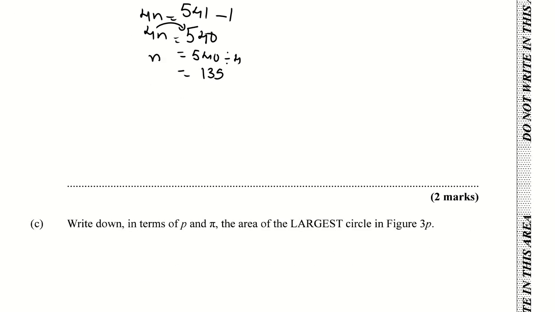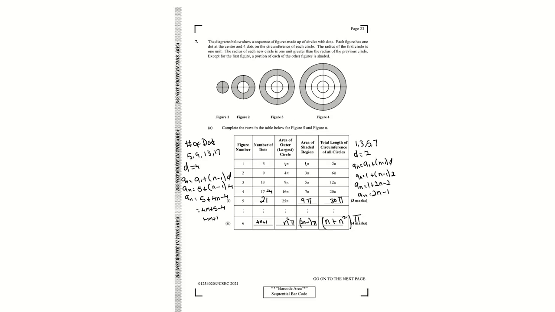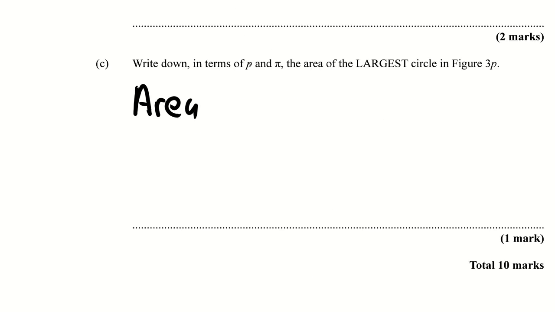And then we have: write down in terms of p and pi the area of the largest circle for figure 3p. So let's look for the area of the largest circle. The area of the largest circle is n squared pi. Let's zoom this up because I could barely see the question.